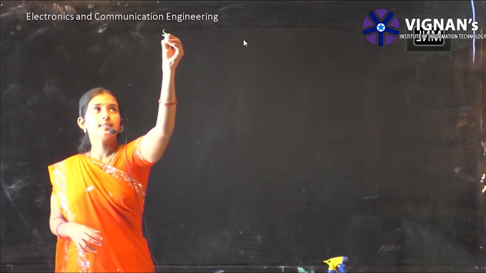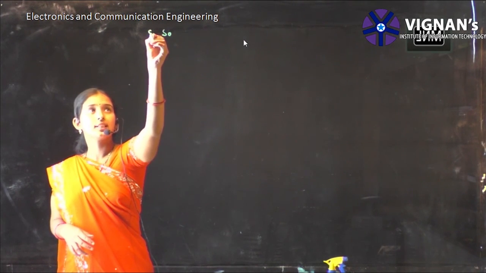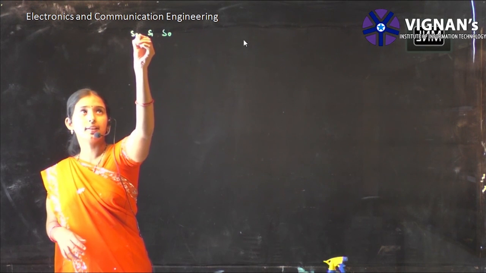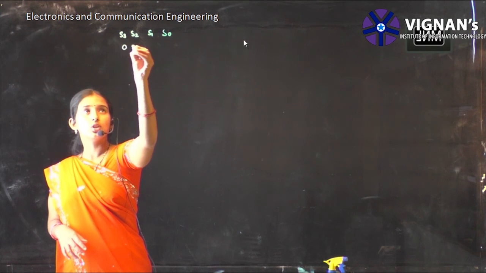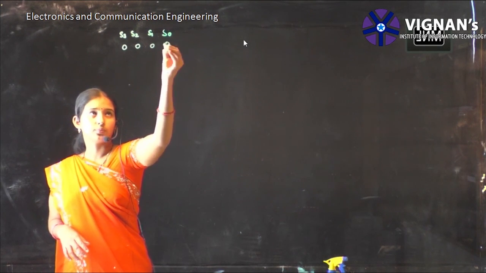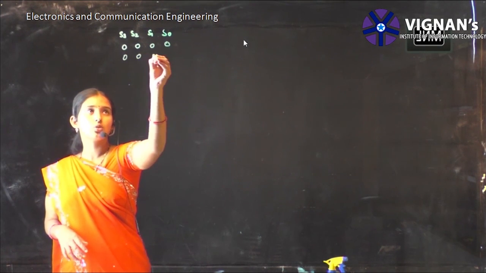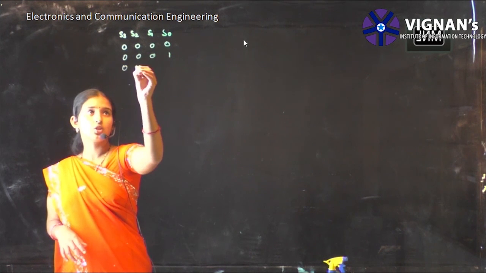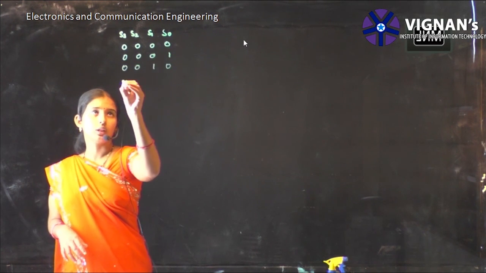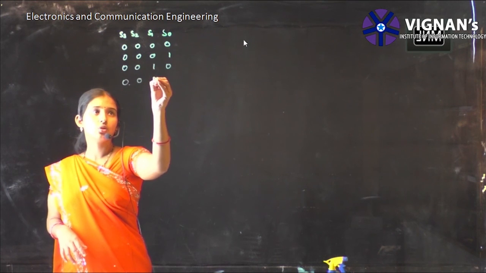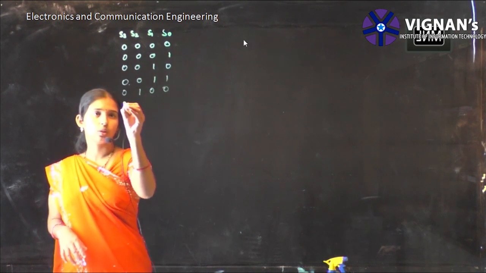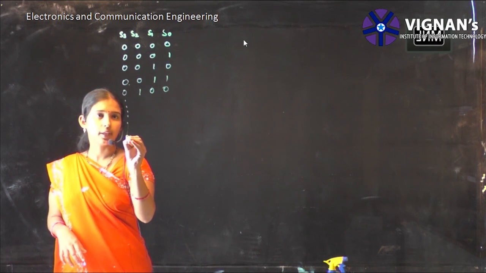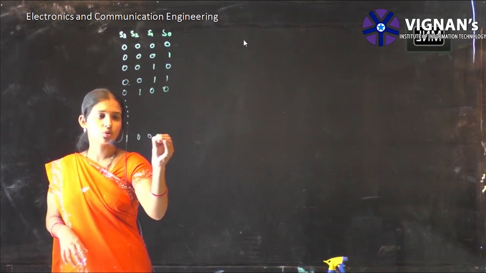Coming here, as I said, I'll be taking 4 selection lines, S0, S1, S2 and S3. See here, 0 0 0 0, 0 0 0 1, 0 0 1 0, 0 0 1 1, 0 1 0 0, and so on, like 1 0 0 0.